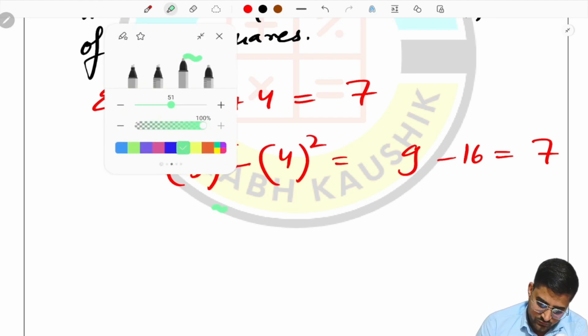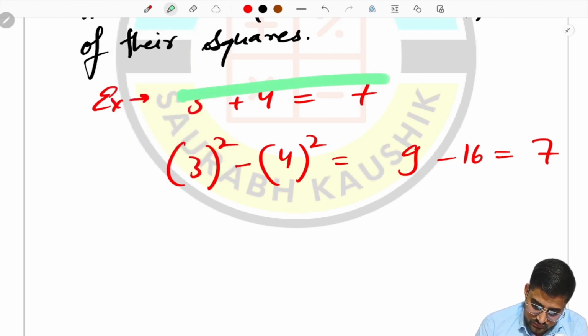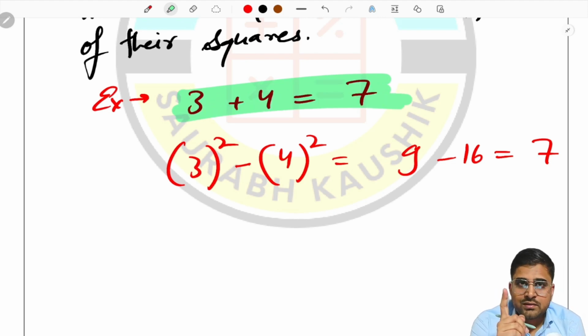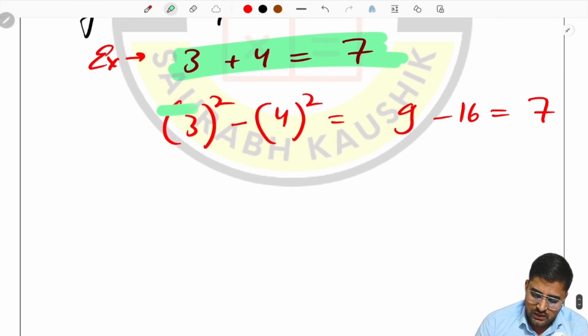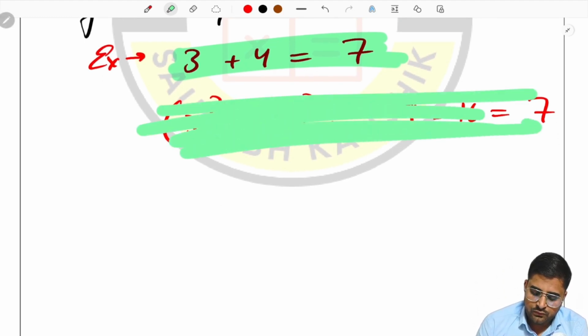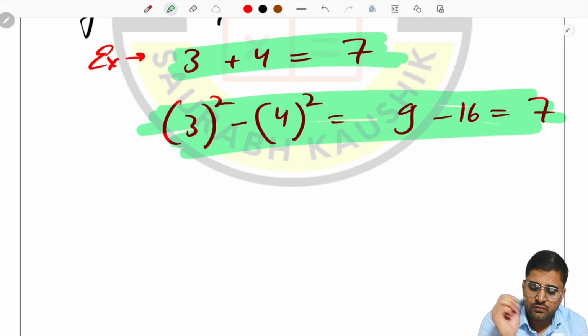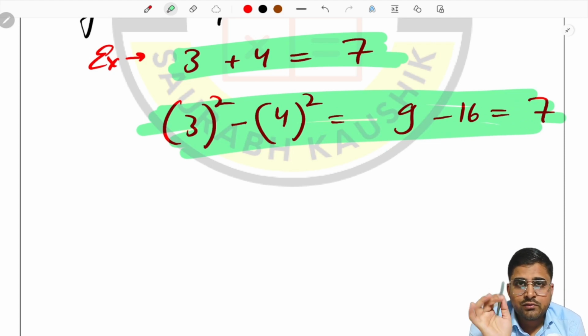We have a proof now. The sum of two consecutive numbers, back to back, is always equal to the difference of the squares of those two consecutive numbers.